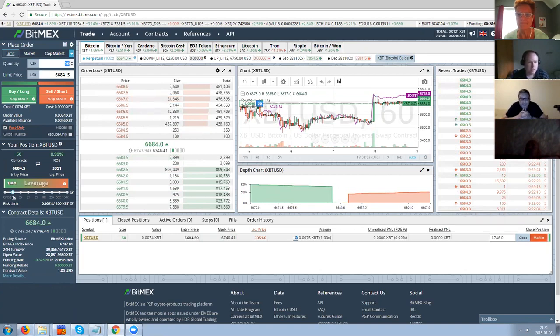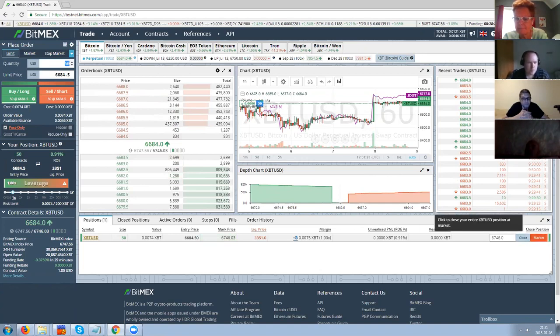So now I can just press close and then close on the market order, and it will be a little bit more expensive than a limit order. This is a limit order close, and this is a market order immediate close. So it will cost a little bit to use this button compared to this button.